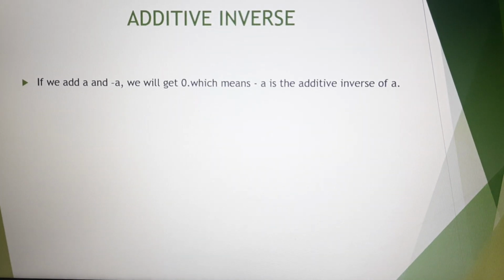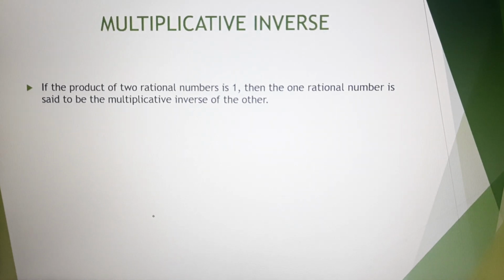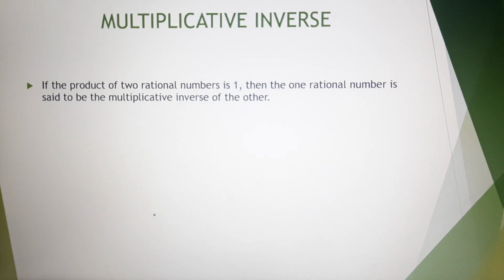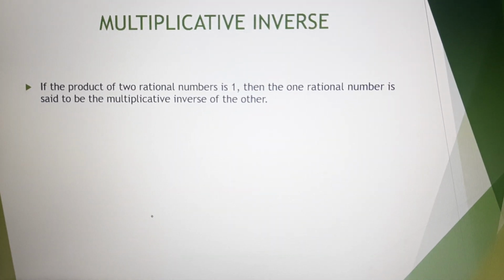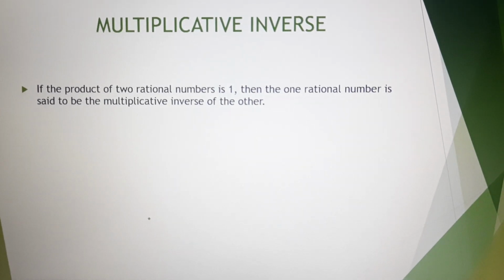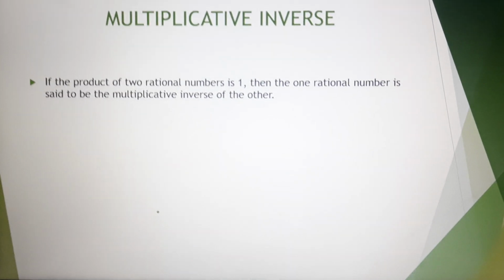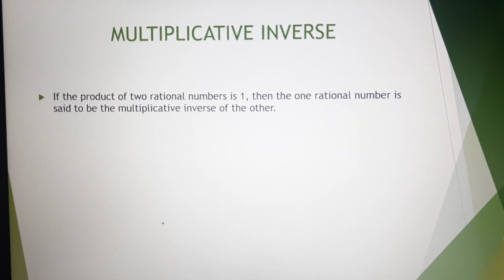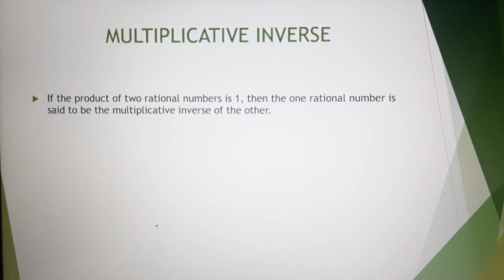Coming to the multiplicative inverse. If the product of two rational numbers is 1, then one rational number is said to be the multiplicative inverse of the other. In the same way, suppose you take the same 1 by 3. If you multiply by 3, you get 1, isn't it?